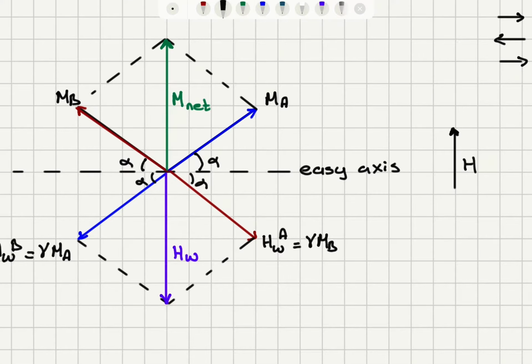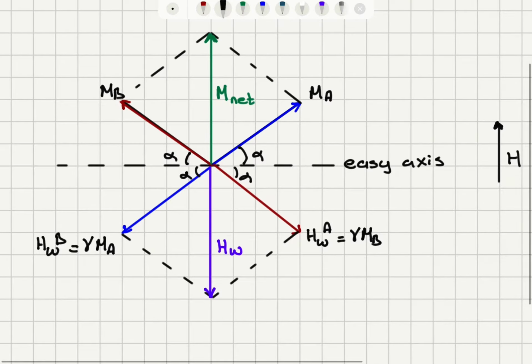Therefore, the molecular field acting on the A sublattice is tilted as well. And similarly, the B sublattice magnetization is tilted by an angle alpha, but it feels a molecular field acting on B which is minus gamma times the MA vector, so magnitude gamma times MA, pointing at an angle alpha with respect to the easy axis as well.